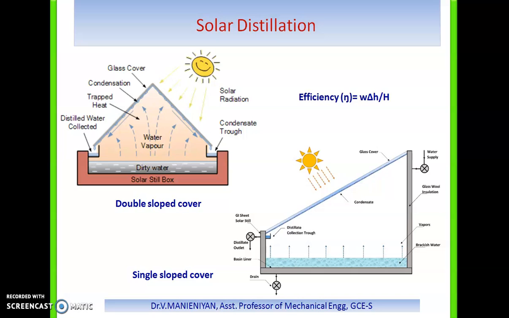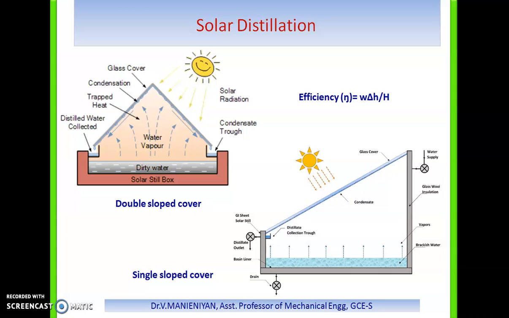Design parameters such as the orientation of the still, single or double slope covers, the angle of inclination of the glass covers, and the insulation material of the base also affect the conversion.